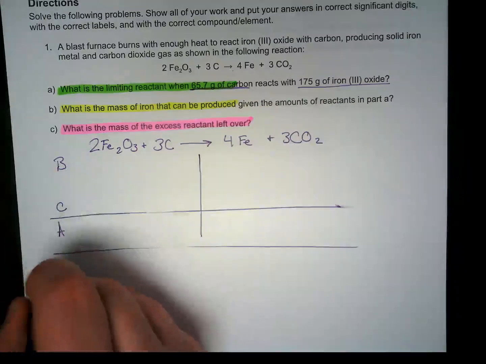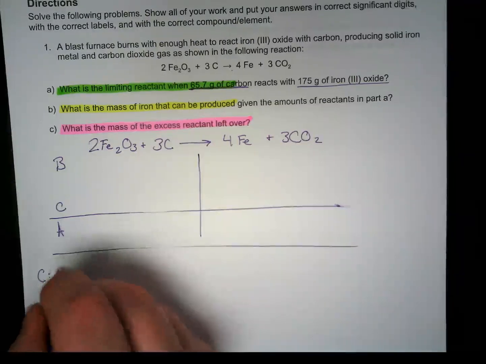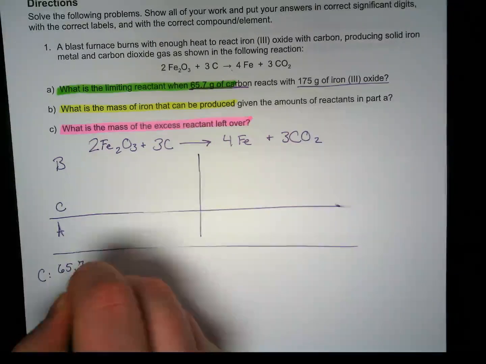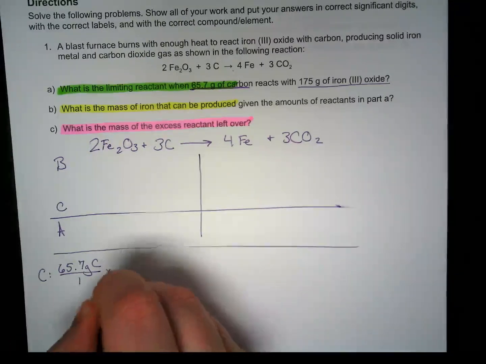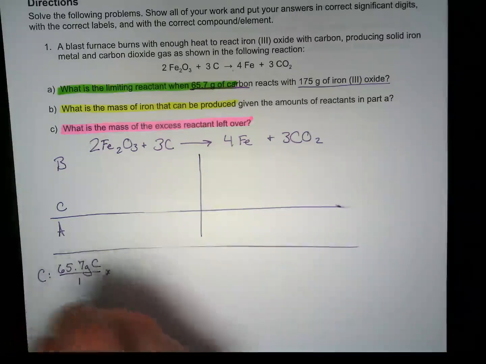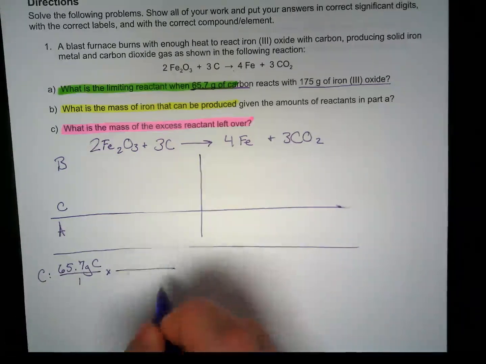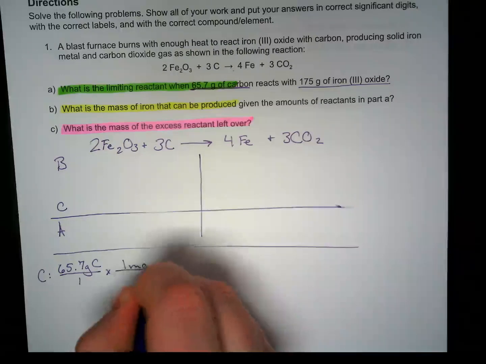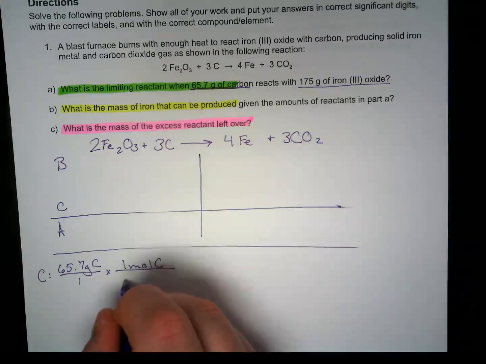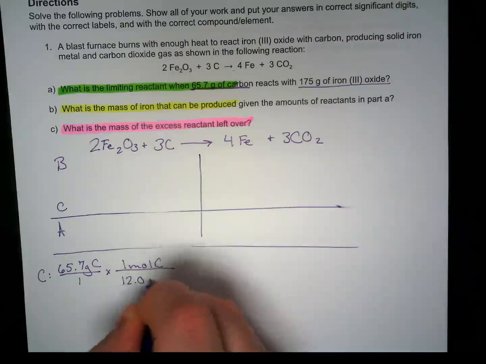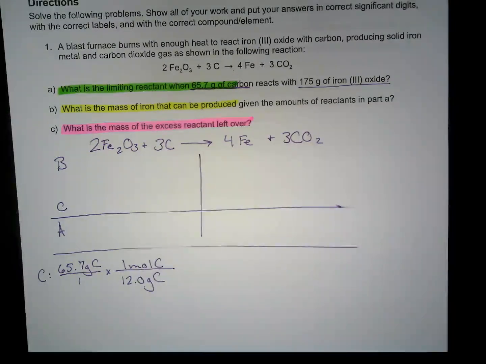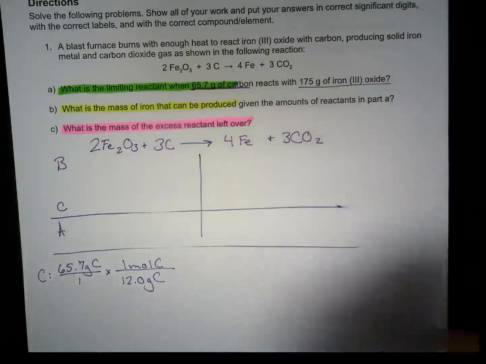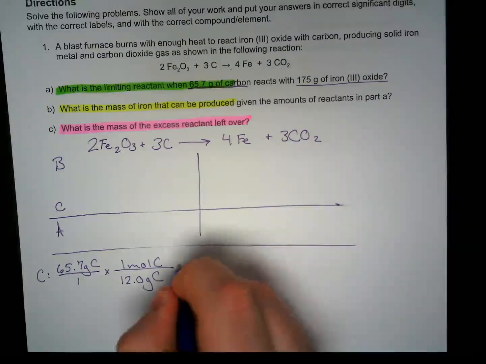We're just going to start with carbon first. We've got 65.7 grams of carbon, and we have to convert that into moles of carbon. So we want to go from grams to moles. If you look on your periodic table, you'd see that the molar mass of carbon is 12 grams for every 1 mole.